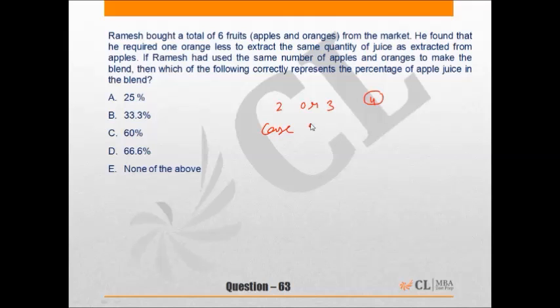Case first, when he bought 2 apples and 4 oranges, then as per the given information, juice obtained from 2 apples was equal to juice obtained from 1 orange. Therefore, juice obtained from 2 apples will be equal to juice obtained from 1 apple.